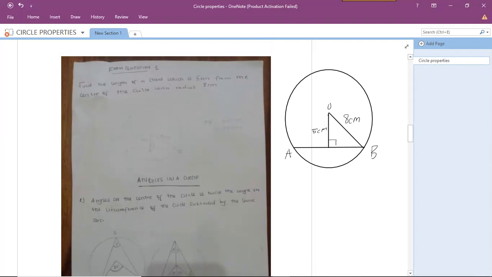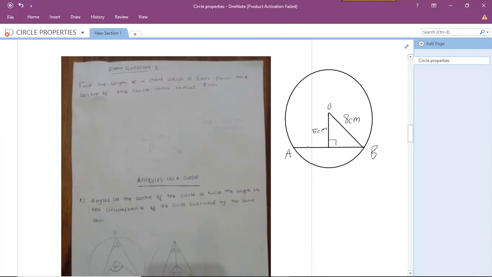So find the length of the chord, which is 5 centimeters from the center of the circle and has radius 8 centimeters. So the first thing that you remember is that rule.